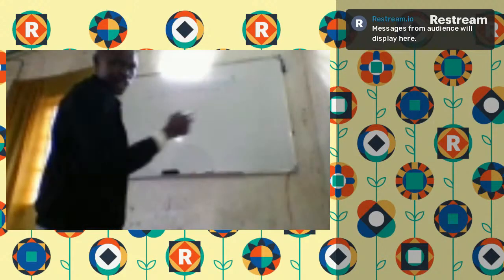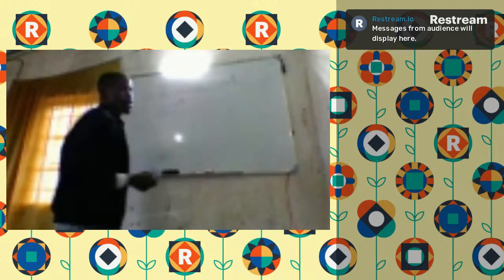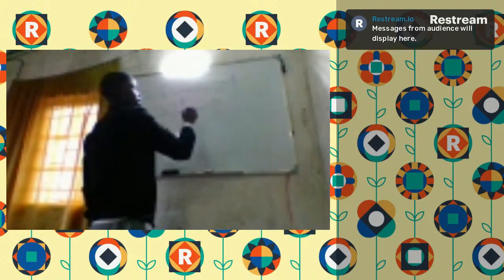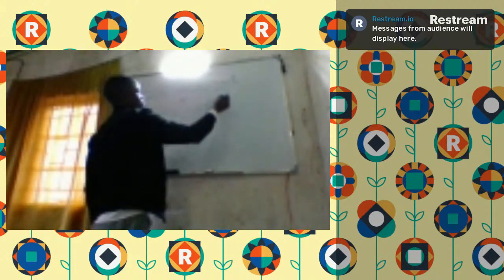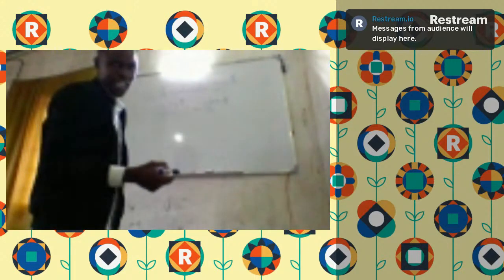Now, the other way that we can handle this problem is by simply doing it this way. 27 to the power 2 over 3. This is the same as, we write 27 with the base of 3, raised to the power 3, then multiplied by 2 over 3. So these powers are multiplying each other.